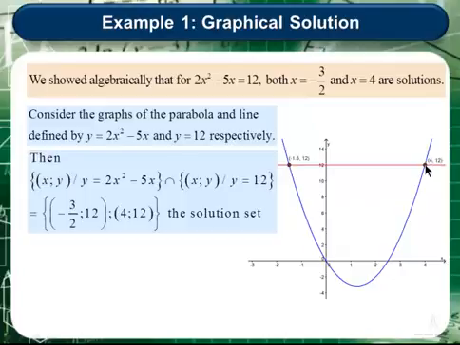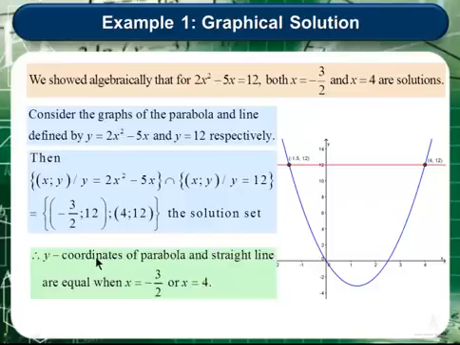This is basically what we have determined. It occurs when x assumes either the value minus 3 over 2 or x is equal to 4. Corresponding to both of those, we have the same output value or the y value, namely 12, as was requested if we want to solve this particular equation that we started out with.